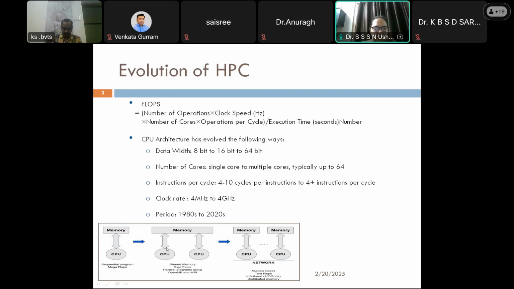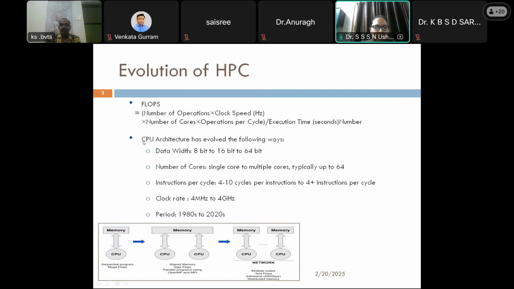Next is shared memory, gigaflops, and next multiple nodes, teraflops. The second one is shared, the third one is distributed memory, in which each CPU has its own memory.